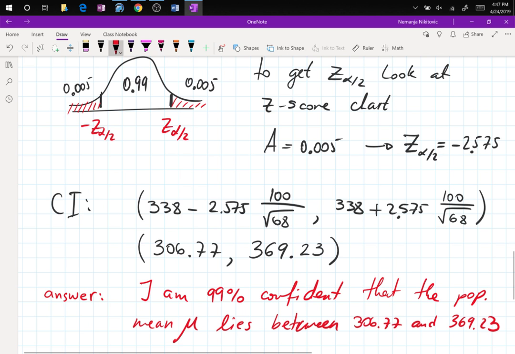So now when you are observing both of these together, which interval is wider? Why? Because more confidence means wider interval. Less confidence means narrow interval.